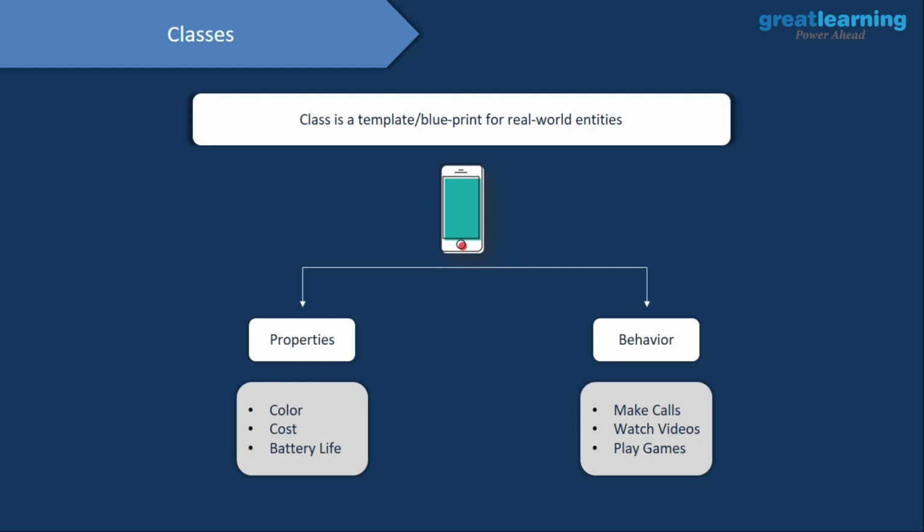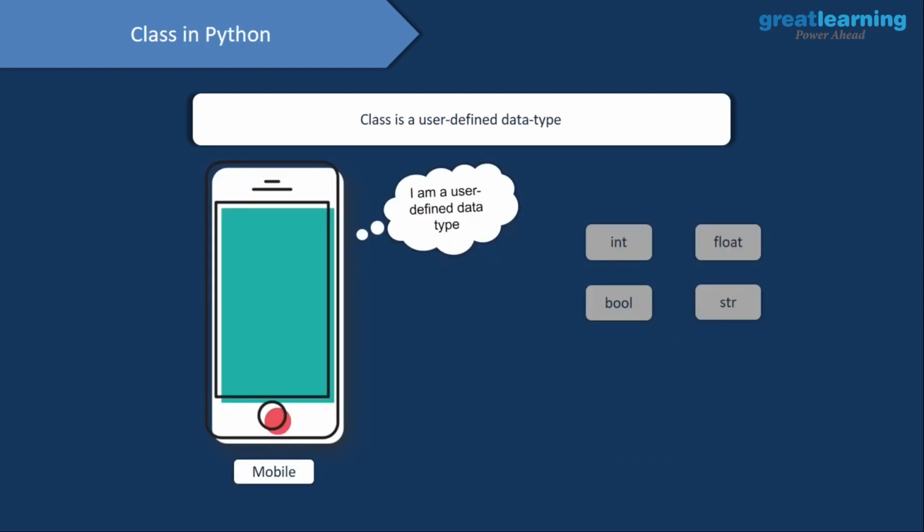And when I say a phone will have certain behaviors, I simply mean that with the help of a phone, you can make calls, you can watch videos on it, and some phones also allow you to play games. So this phone class has properties and behavior associated with it.